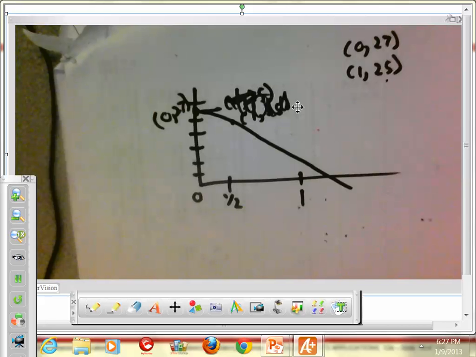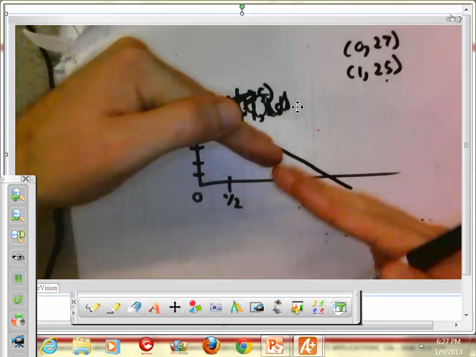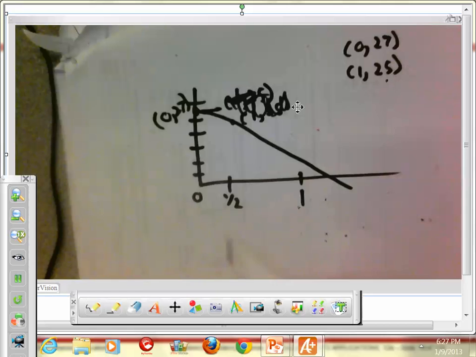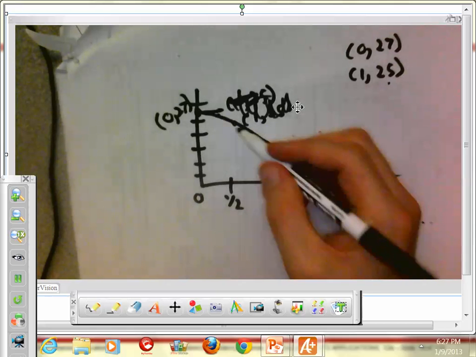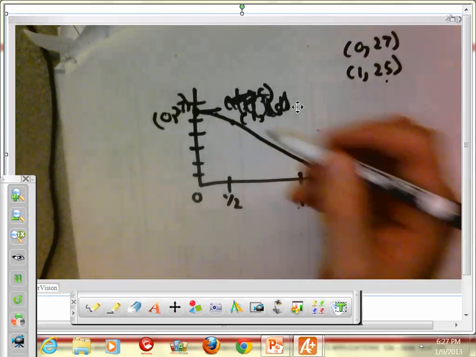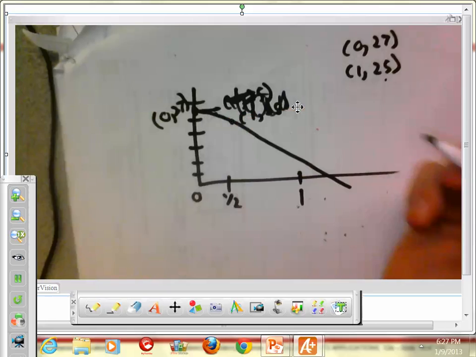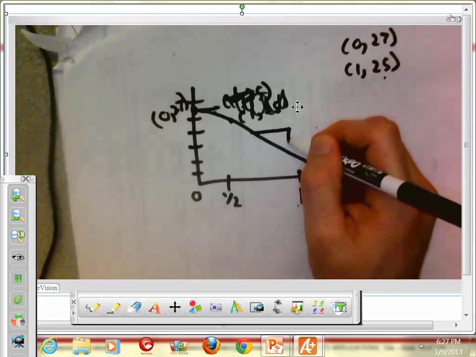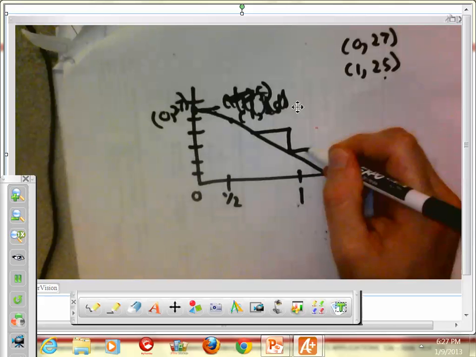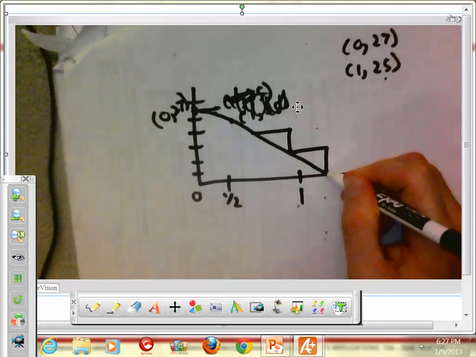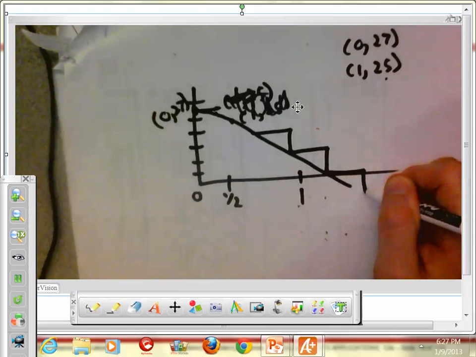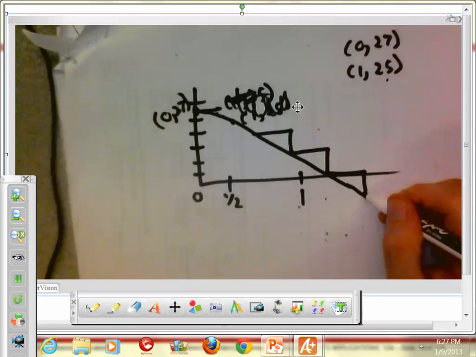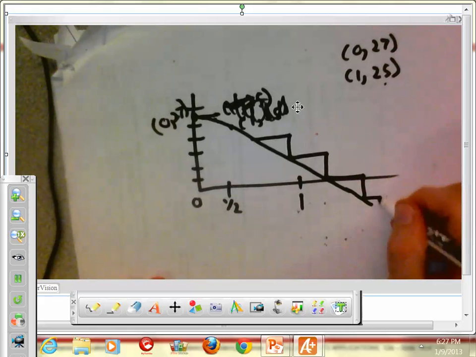The slope of a line does not change. Do you see the line going up or down at all? It's just a nice, straight, smooth line, okay? For every 1 unit you go in this direction, it goes 2 down here. If you go another 1 unit over here, it's going to go 2 more down here. If you go another 1 unit, it's going to go 2 down here. Does it ever do something like, if you go here, it all of a sudden drops 10? Will the line do that?